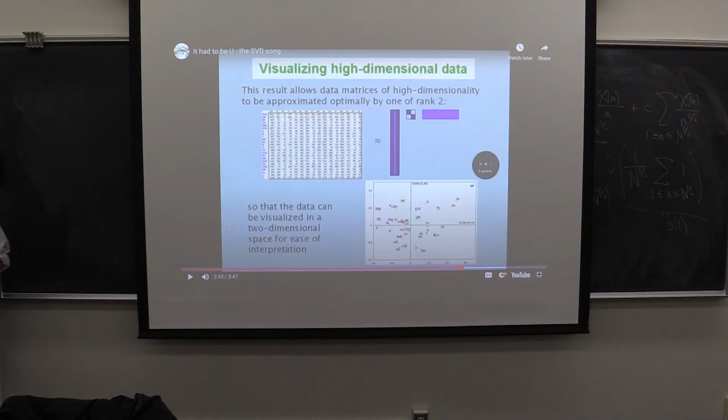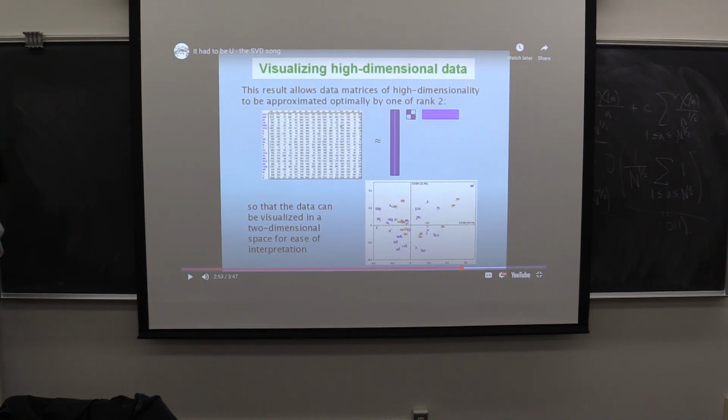Yeah, this is actually kind of interesting. So, each of the countries has 16 parameters, right? And so the data is 16 dimensional.